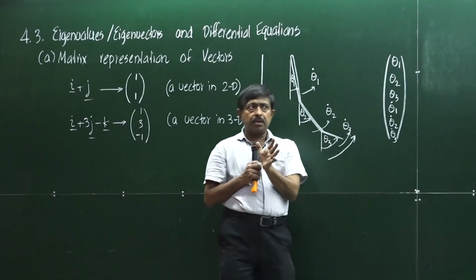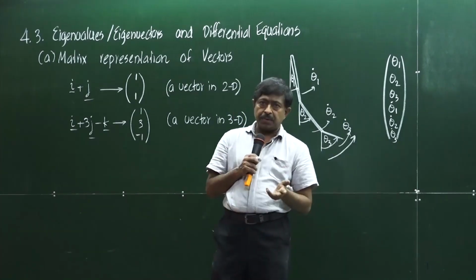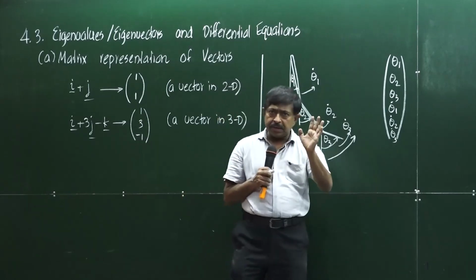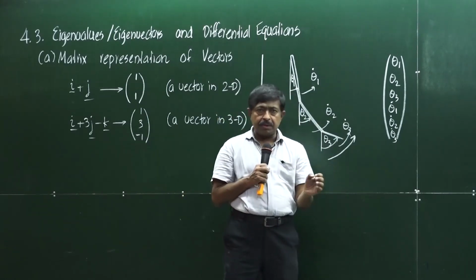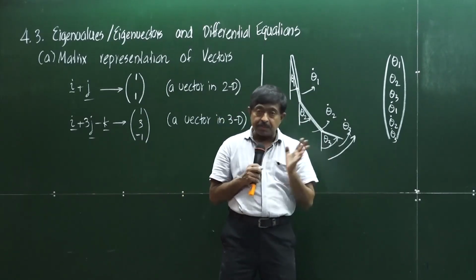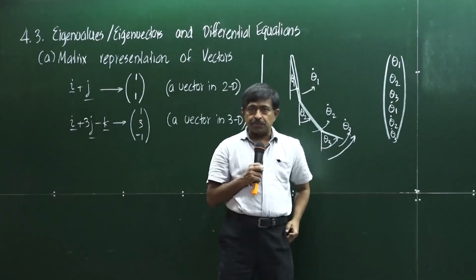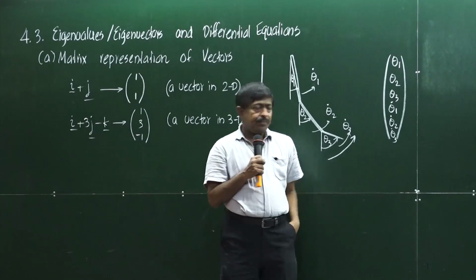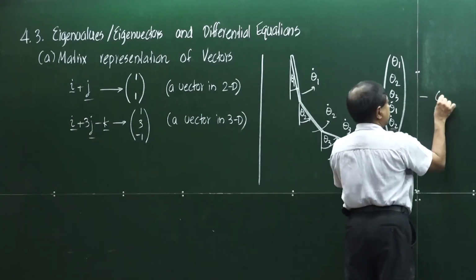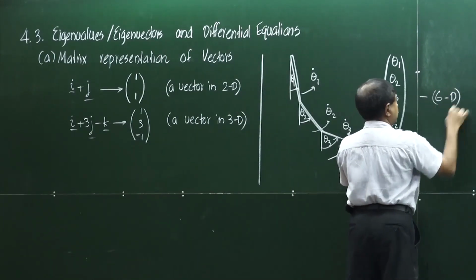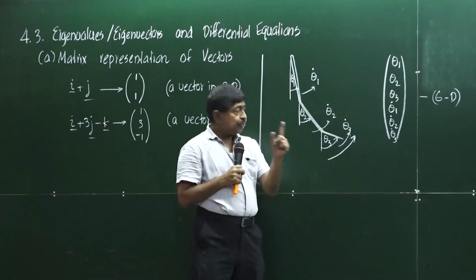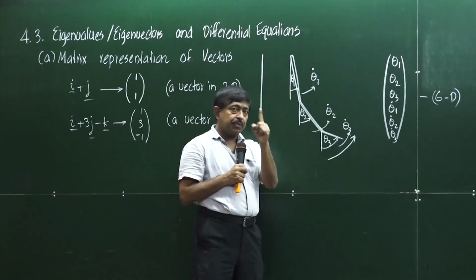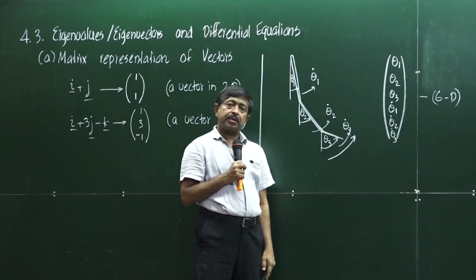Sometimes if you take an aircraft or a rocket, for example, its configuration space may be 12-dimensional, sometimes 24-dimensional space. So here it's from 6D. Now, if you want to explain something like this using i, j, k, how would you do that?